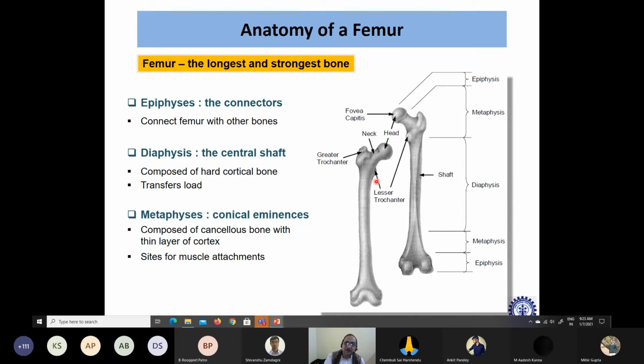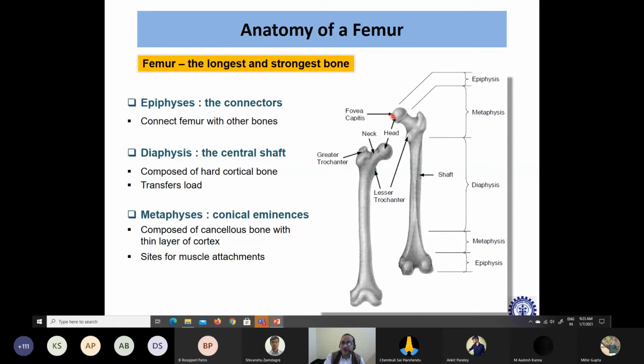Generally, we classify the bone into epiphysis, diaphysis, and metaphysis, three major parts. The epiphysis is the region where the femur connects with other bones, that is, it forms the joint.